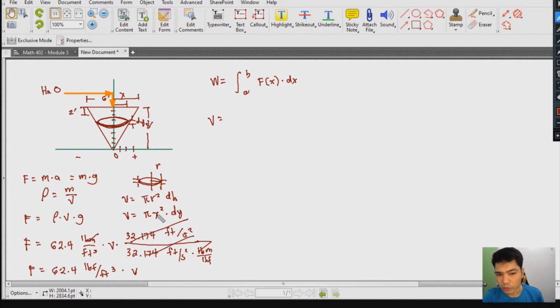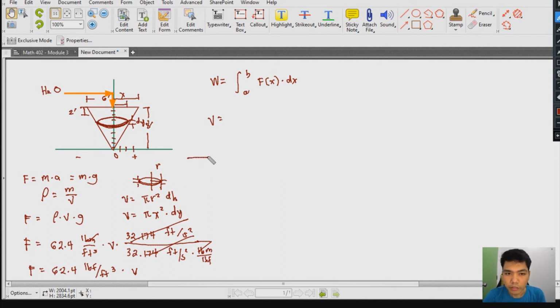So basically that's your volume. But then again, we realize that the volume is not represented by just one variable, because we have x and y. So we have to rewrite x in terms of y, and in this case we can use the ratio and proportion of a certain triangle that we have generated.